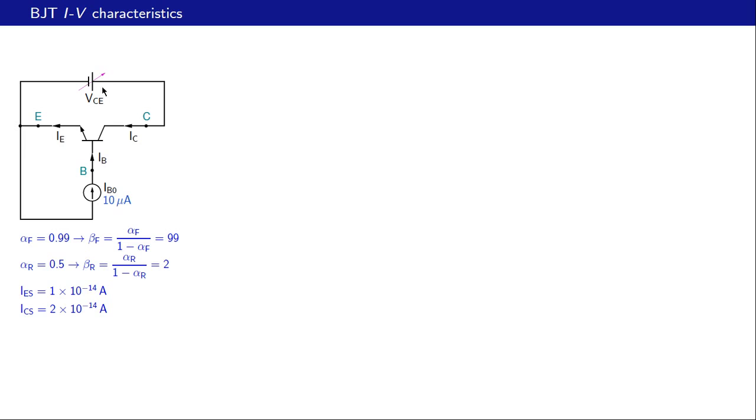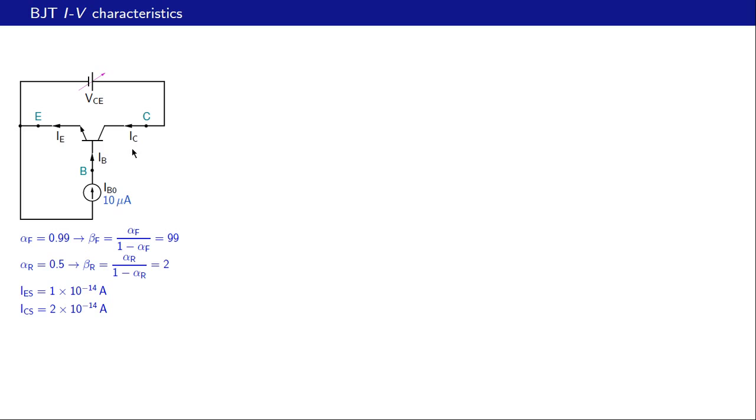A voltage source is connected between collector and emitter. Its value is VCE. So this is going to be our x-axis variable. The collector current IC is going to be our y-axis variable. So we're going to plot IC as a function of VCE.